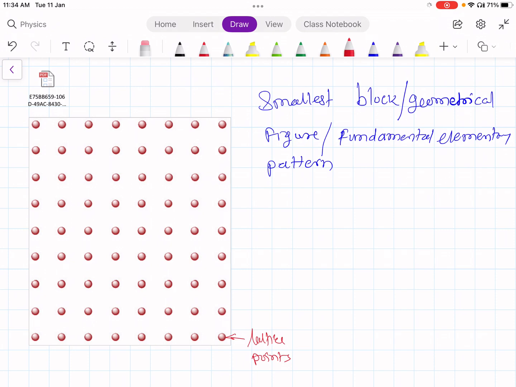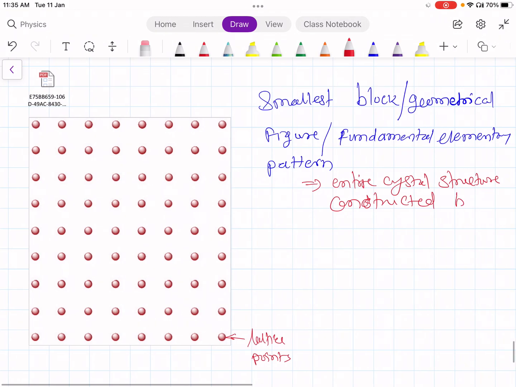From this, the entire crystal structure is constructed by repetition in three dimensions. In this case, I will show only two dimensions.